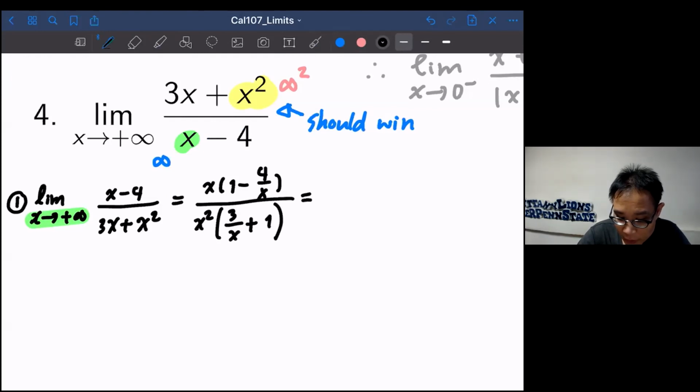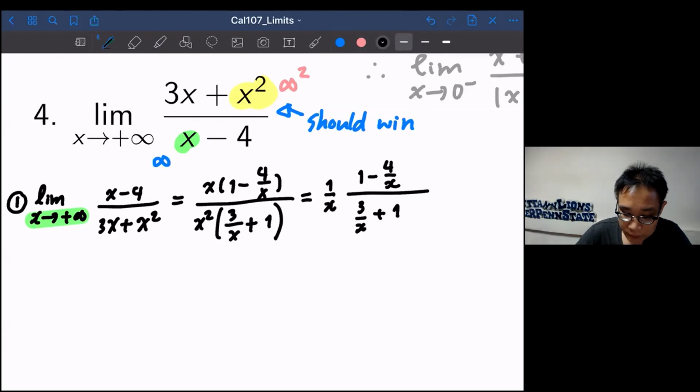And you see that it's going to become 1 minus 4 over x, over 3 over x plus 1. And you see this one is going to go to 0, this one is going to go to 0, this one is going to go to 0.